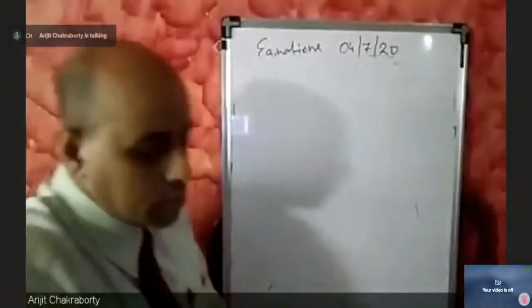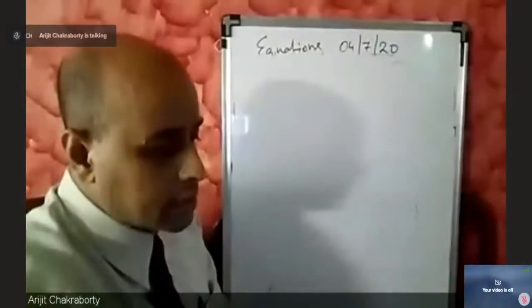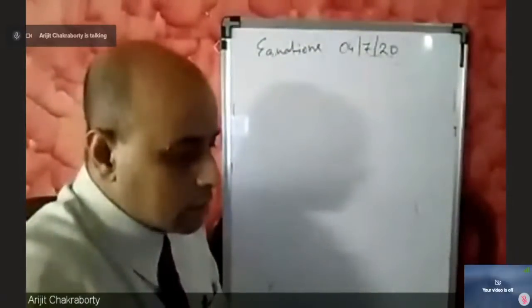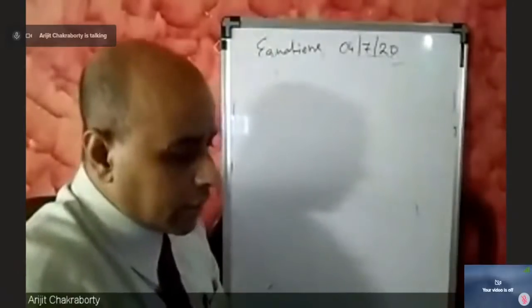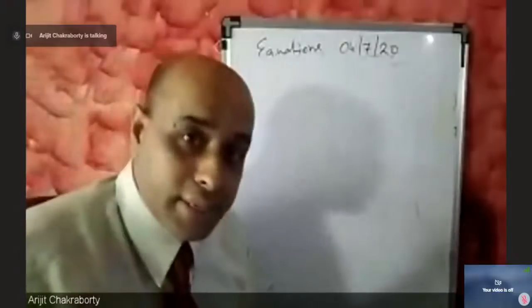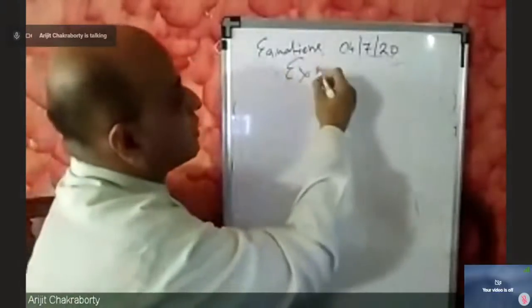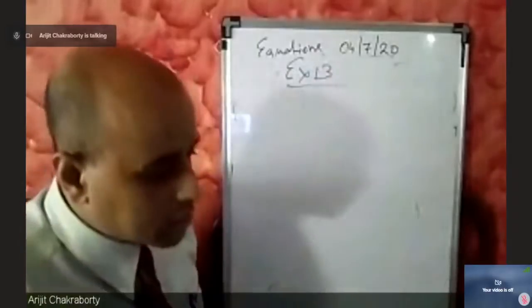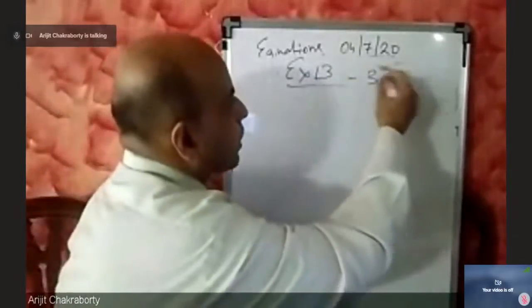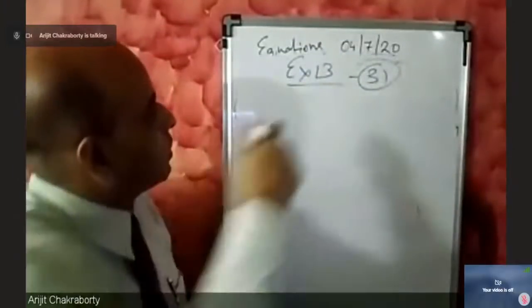Now we proceed to the next example. Okay, let's take number 13 first. Lucky 13, it's not unlucky but lucky 13. Let us take example number 13 in the presentation, and the slide number is 31. Okay, the slide number is 31 and the example is 13.